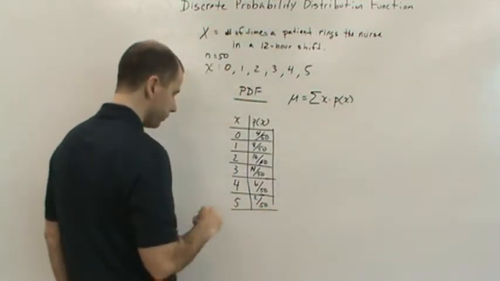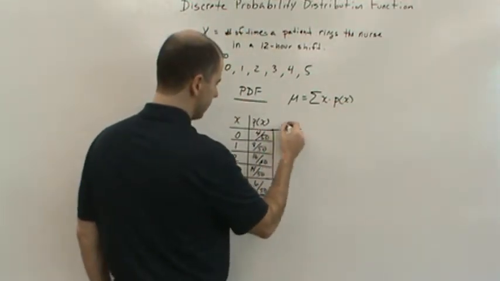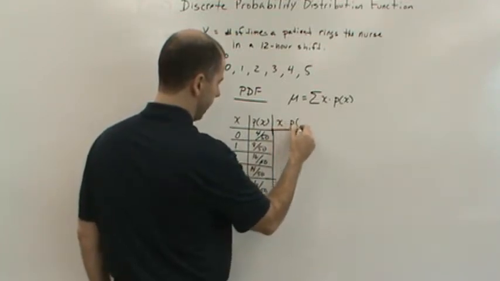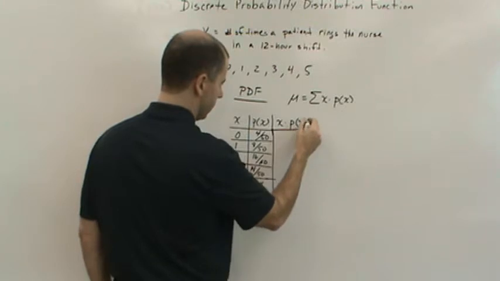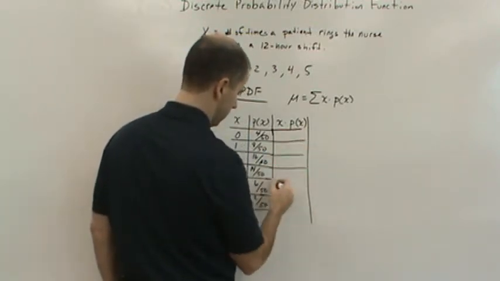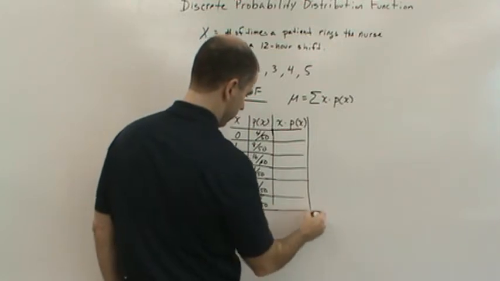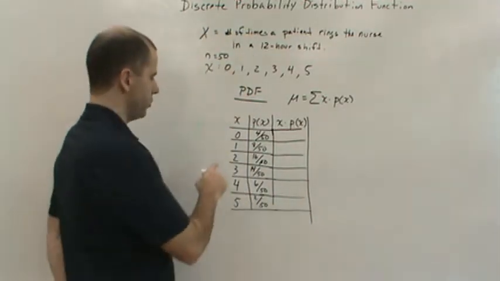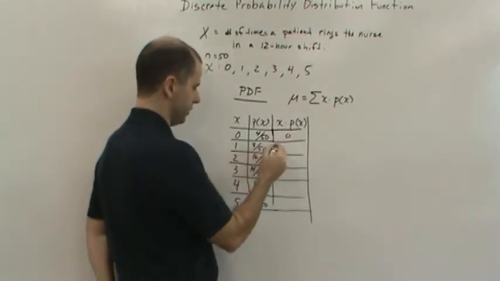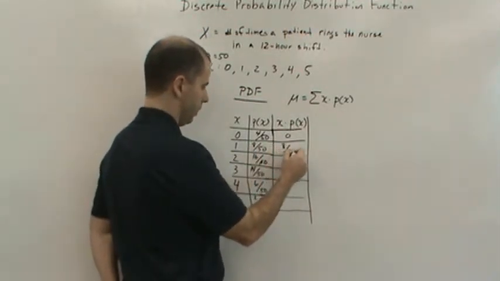Now, we could extend this table and just put in x times p of x, like we did before. So if I do 0 times this, this is just 0. If I do 1 times this, it's just 8 over 50.